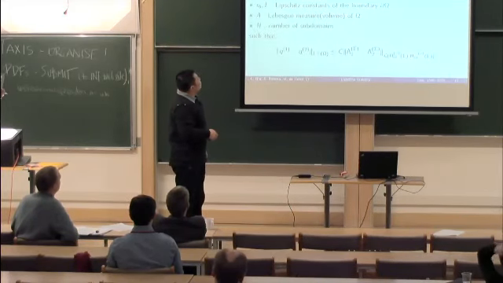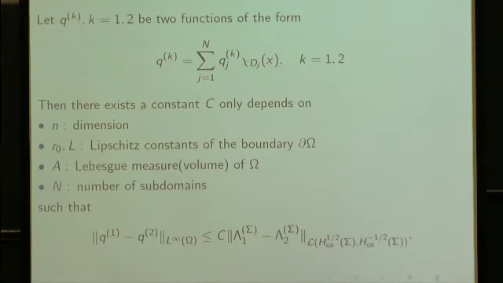And the result is: let q_k, k equals 1 and 2, be two functions of the form. They are piecewise constant, like this form. And there exists a constant c such that the Lipschitz type stability holds, and this is the stability constant here.